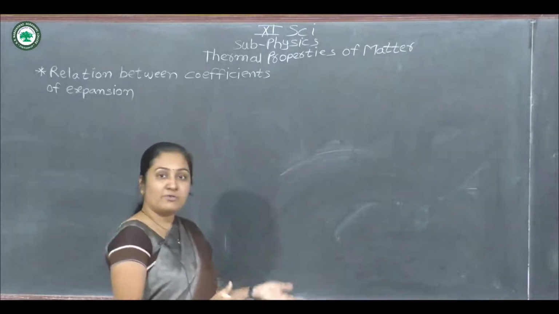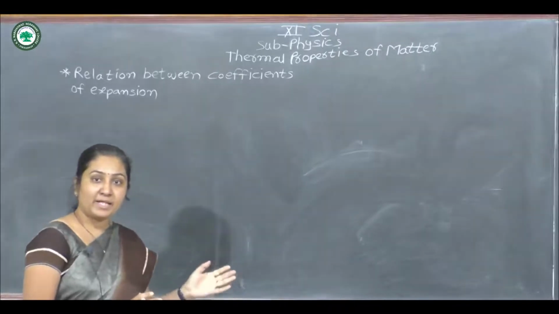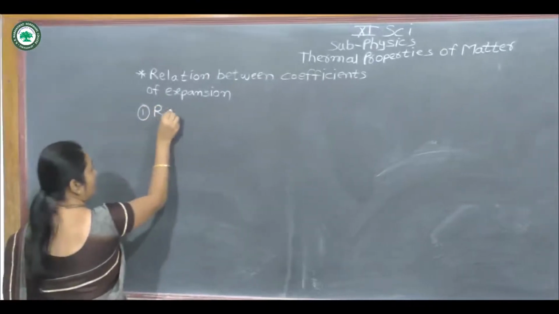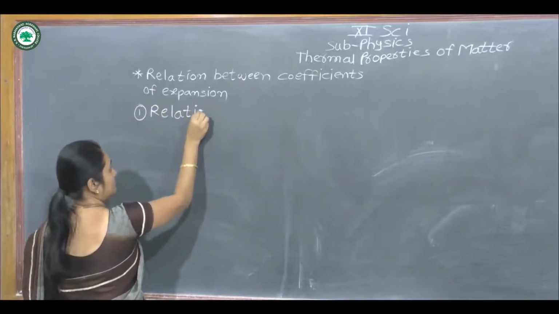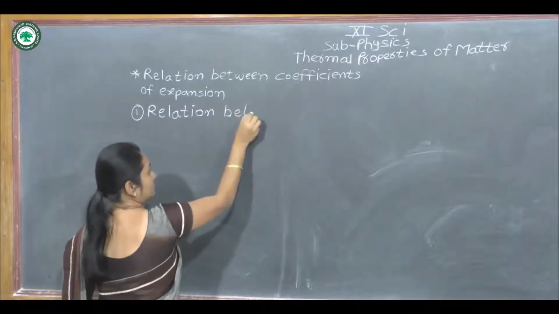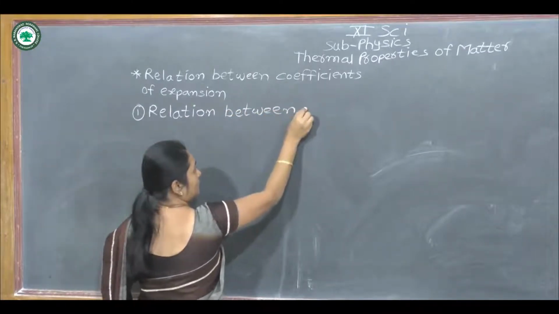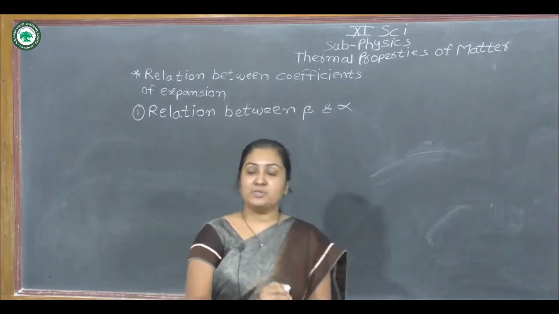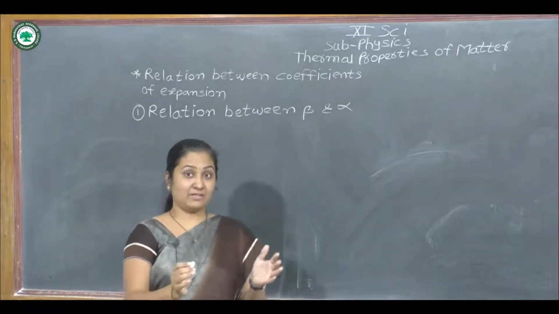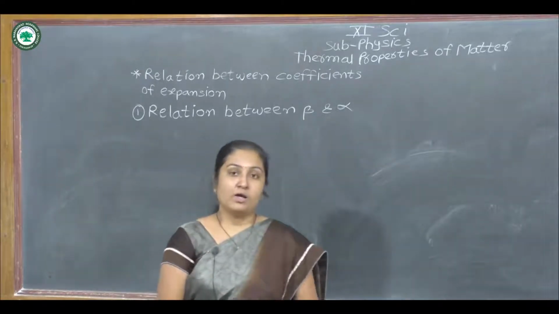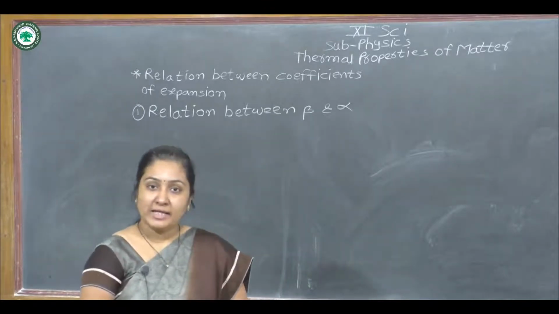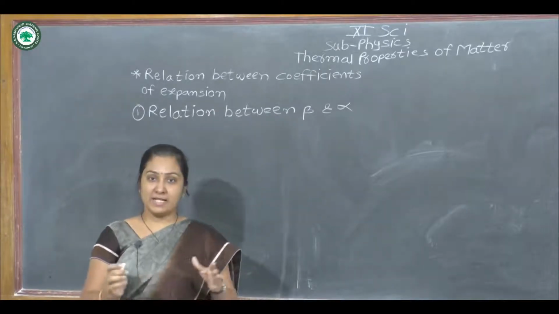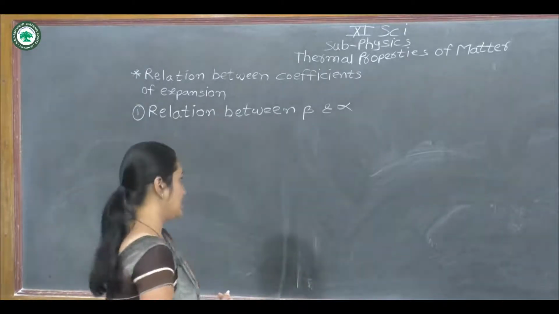First we will find the relation between beta and alpha. To find it, we will consider a square plate. This square plate has a length L0 at 0 degrees Celsius, and length LT at T degrees Celsius.